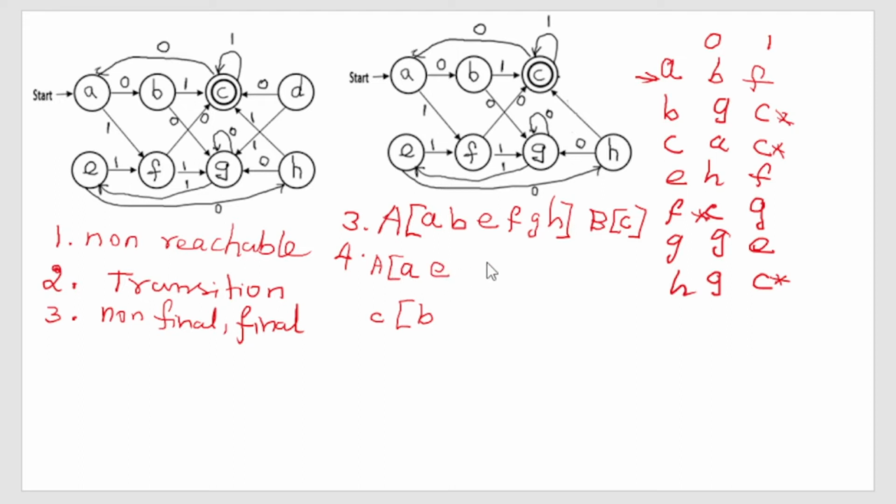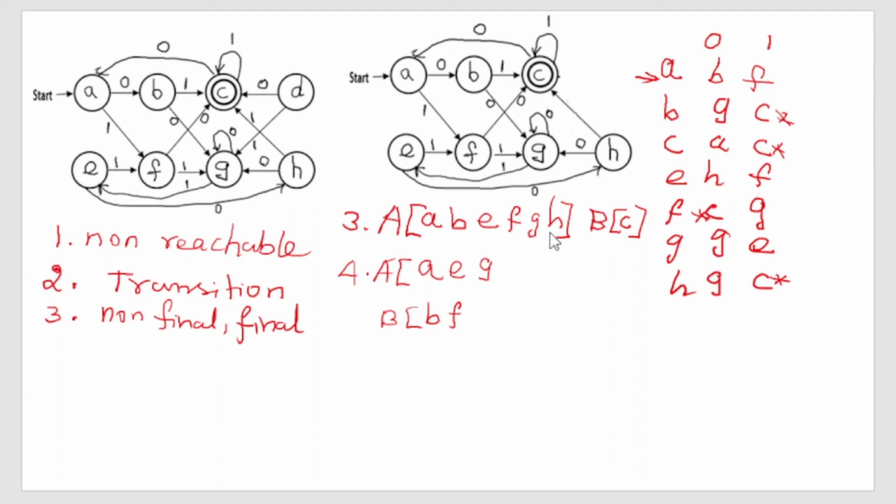And then take F. F's transition on 1 is C and G. C is available here and G is available here, which is another group. So let me put this F over here. And then take G. The transitions are G and E, which is in the same group. So let me place G over here.